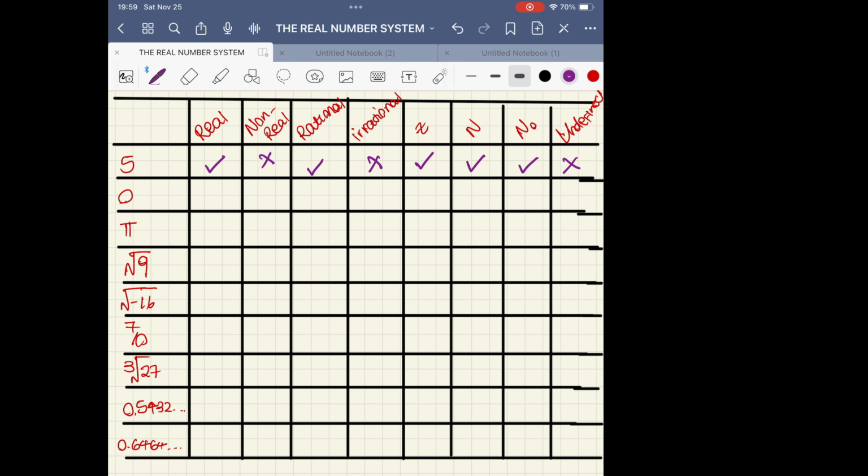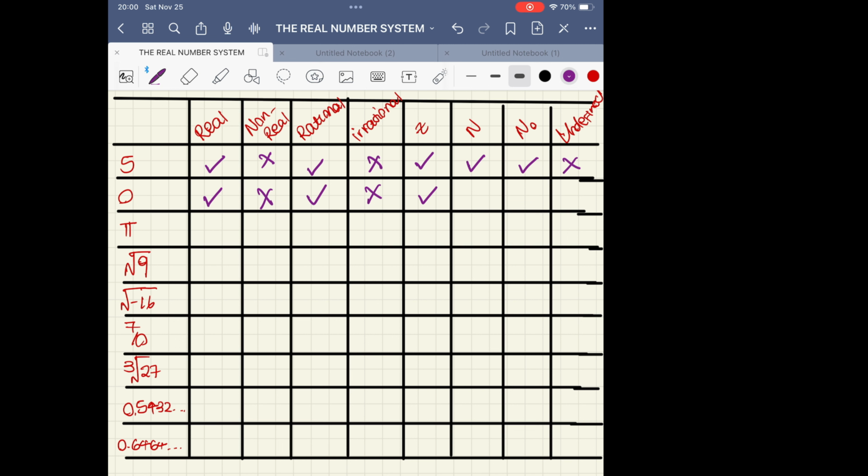And then we go to 0. Is 0 a real number? Yes, it is. Is it rational? Think about it. Yes, it is rational. Why? Because it's an integer, right?